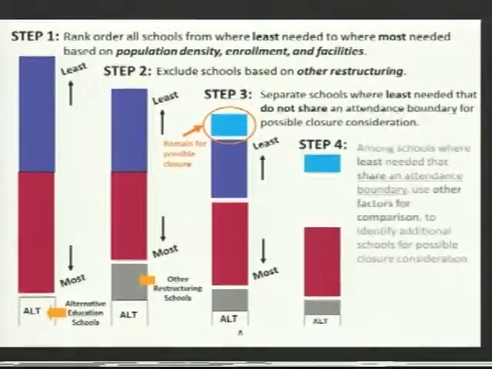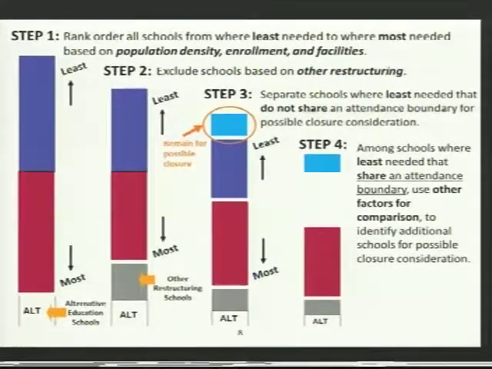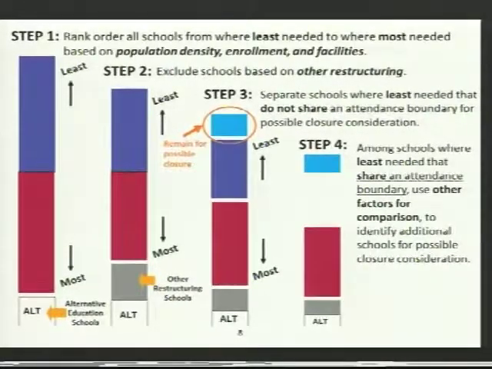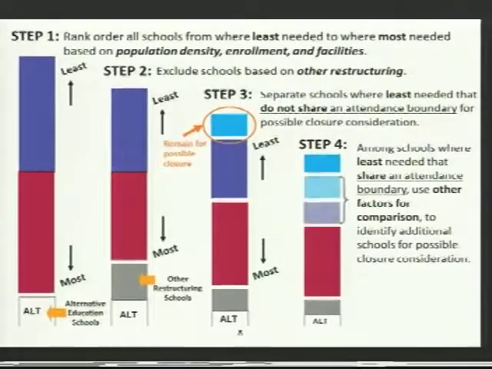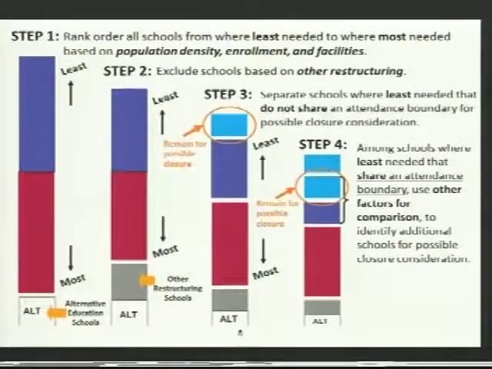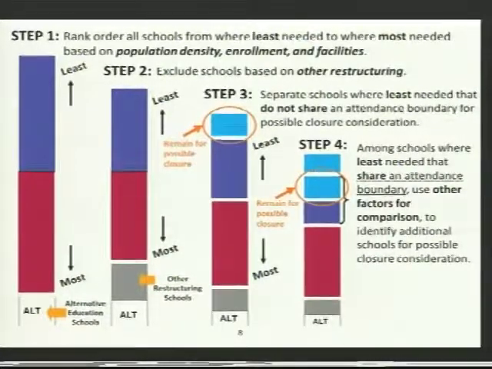Step 4 then asks us to, for the remaining schools in the half that would be identified as schools located where we least need to operate a program, among the schools that share an attendance boundary, we compare those schools using additional factors that we'll discuss briefly to nonetheless identify among those schools sharing an attendance boundary which schools would remain on the list for closure consideration.